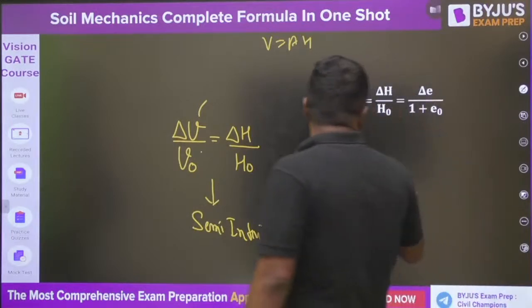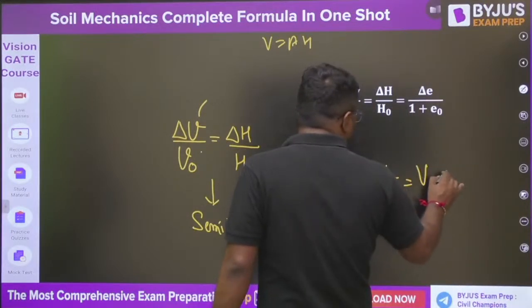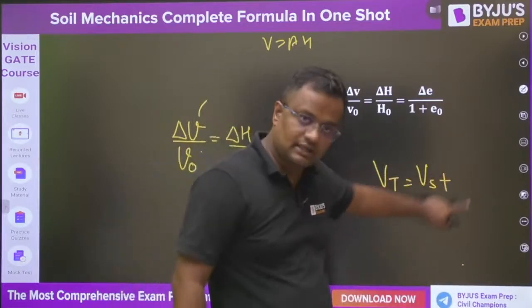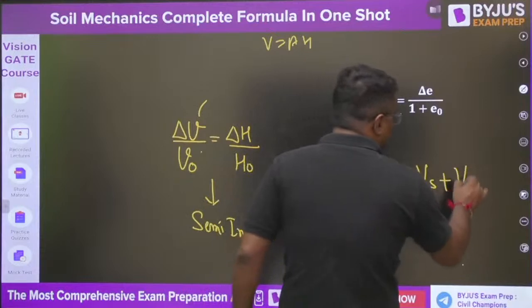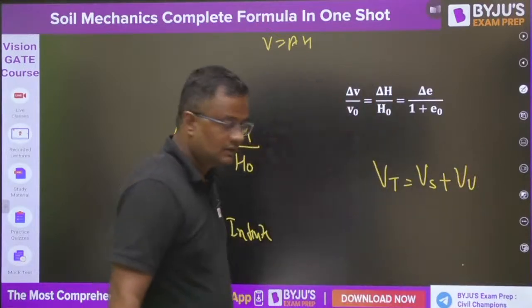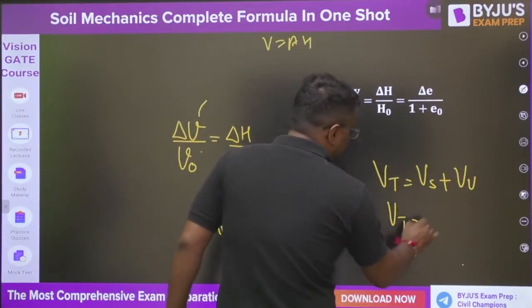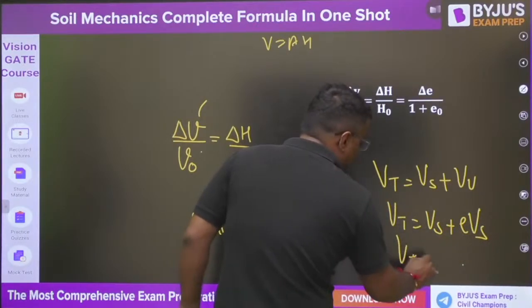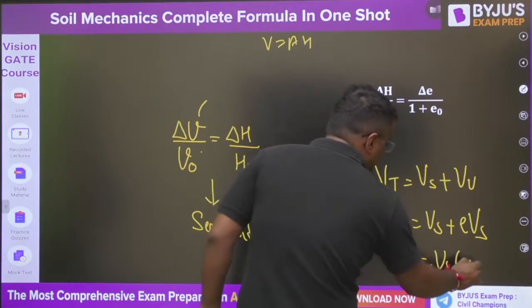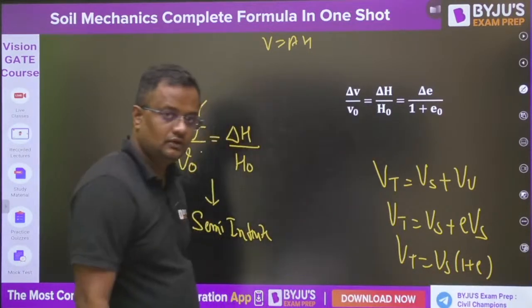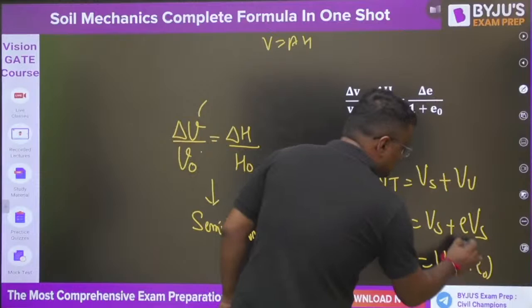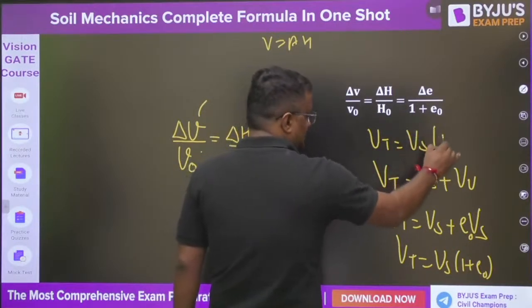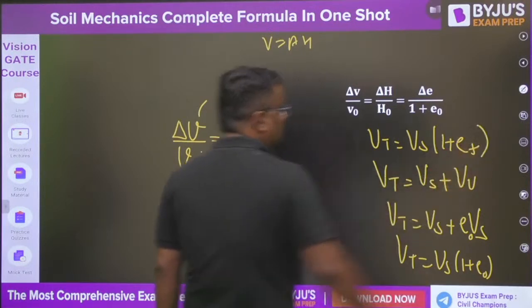Now total volume is volume of solid plus volume of air plus volume of water. Volume of air plus volume of water I can write as volume of voids. So Vt is Vs plus volume of voids, which I can write as e into Vs. So total volume is Vs into 1 plus e, or e naught, the initial void ratio. After some time Vt is Vs into 1 plus ef, the final void ratio.